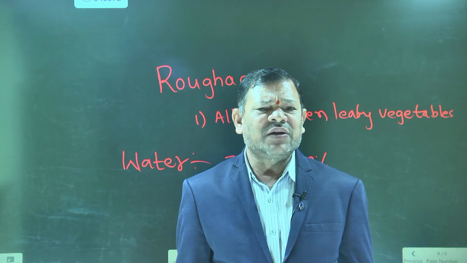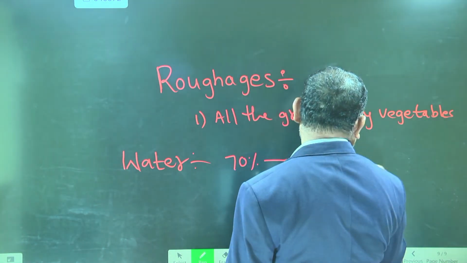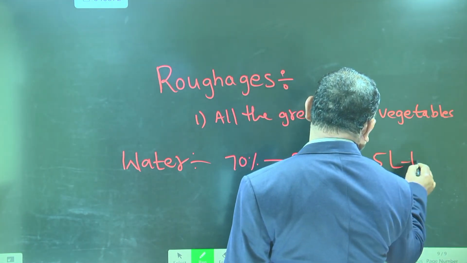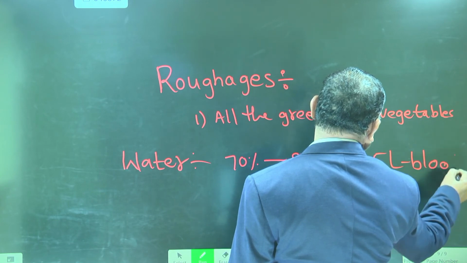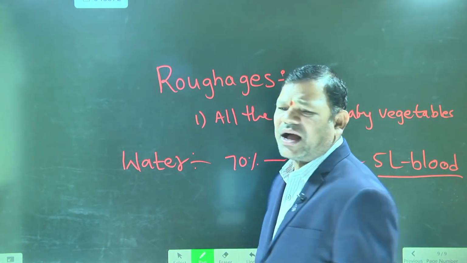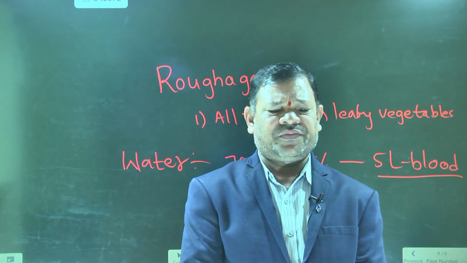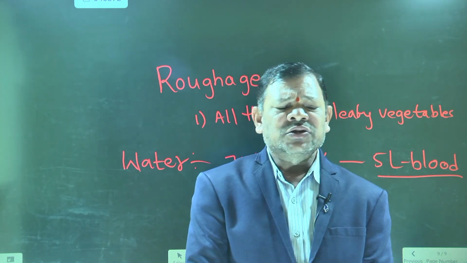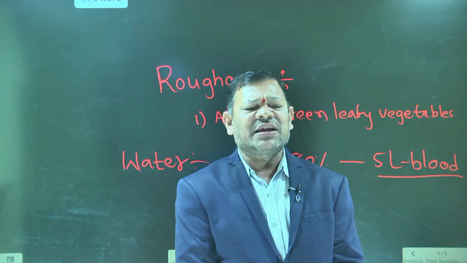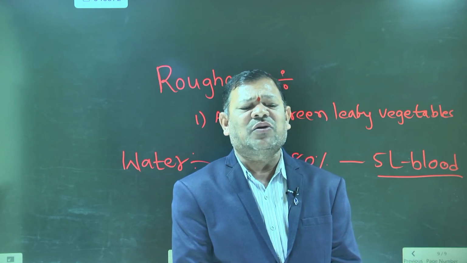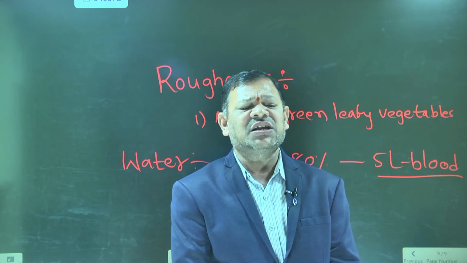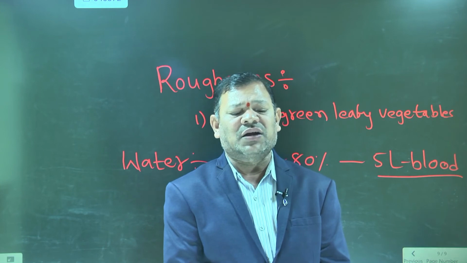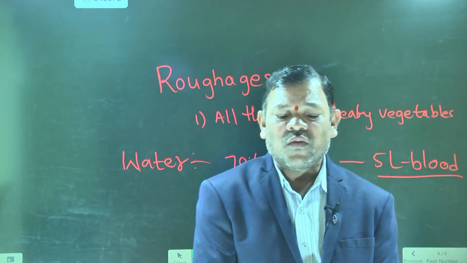In our body almost 5 liters of blood is present, and in that blood also the major component is water. Most of the chemical reactions in our body occur with the help of water.